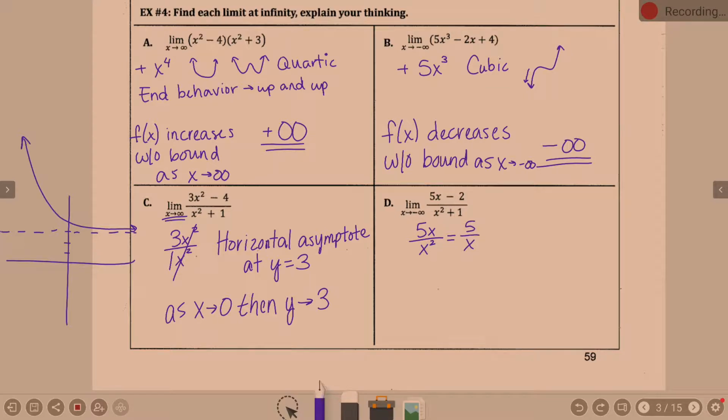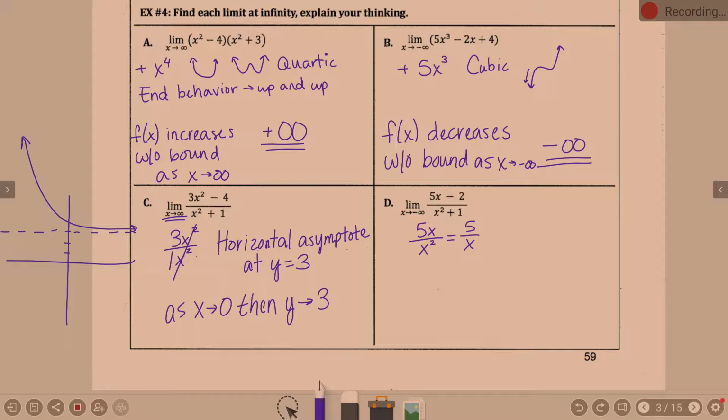Well, think about what's happening. This is actually as x approaches negative infinity, but whether it be as x approaches negative infinity or positive infinity, you're going 5, so a set number, dividing by an increasingly larger number, whether it be larger in the positive sense or larger in the negative sense. So what happens as my denominator gets bigger and bigger and bigger?